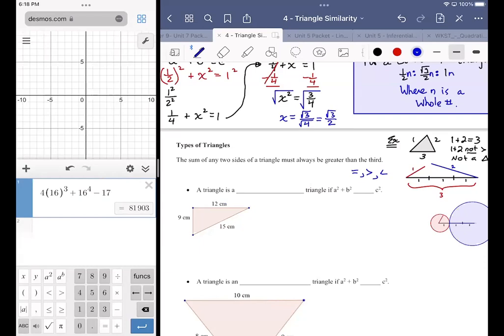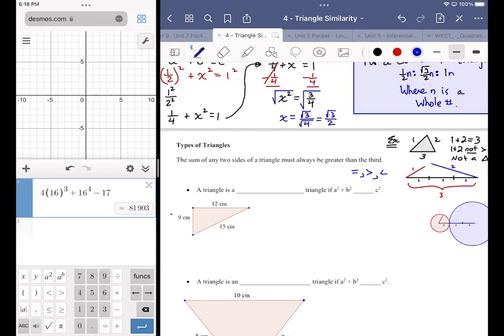So the longest side of the triangle is considered the c value. In a right triangle, that happens to be opposite the 90-degree angle. But if it's not a right triangle, there is no 90-degree angle, so you can't establish the hypotenuse based off its relationship to the 90-degree angle. So we just identify the hypotenuse of the triangle as the longest side, if you happen to know it.